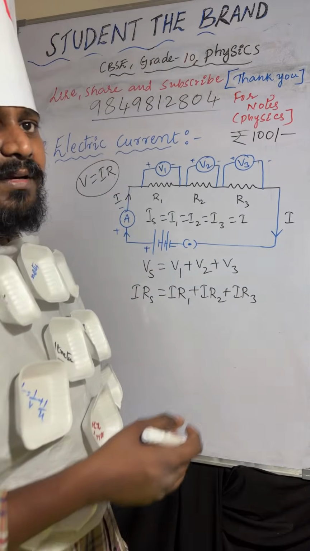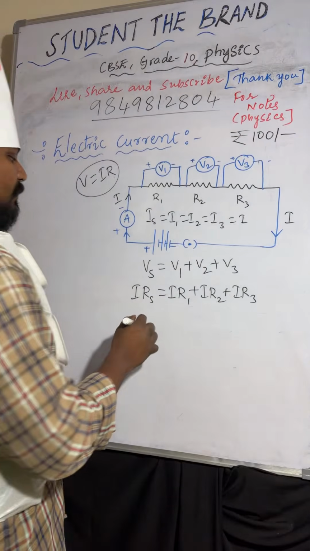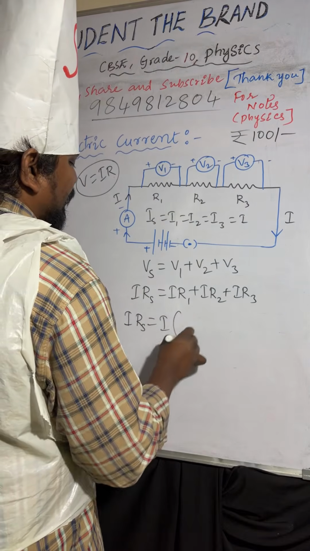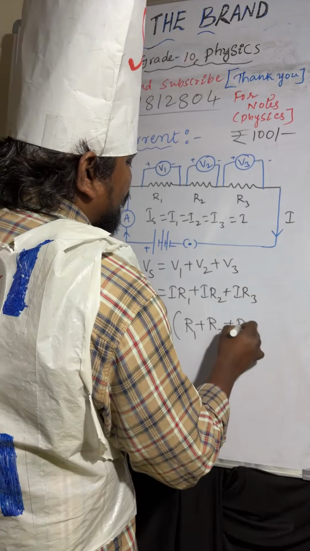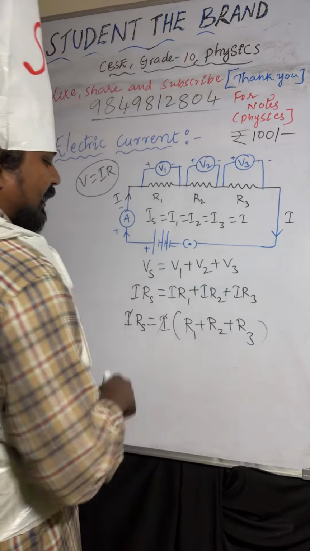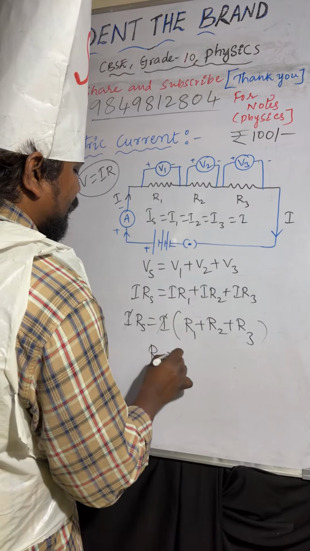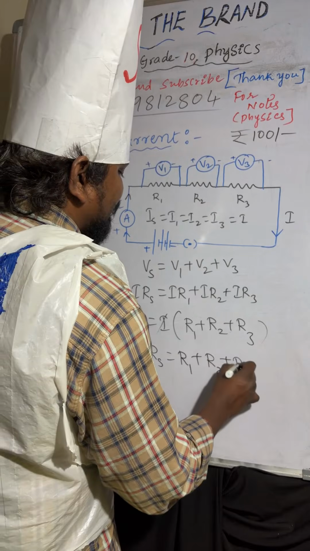I am taking I common. If you take I common, R1 plus R2 plus R3. So I gets cancelled, and the remaining values are RS equal to R1 plus R2 plus R3.